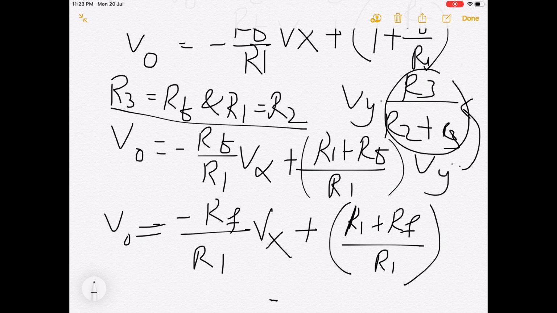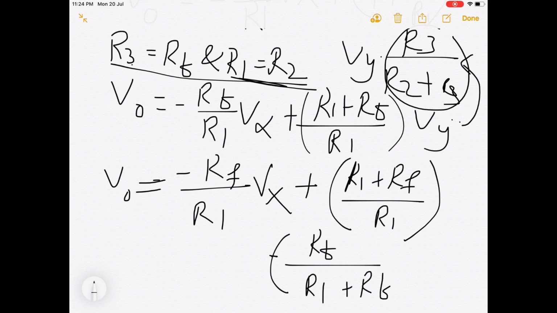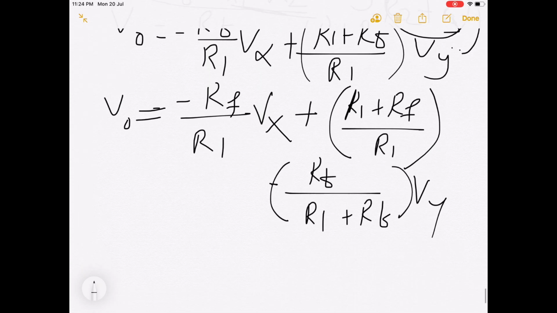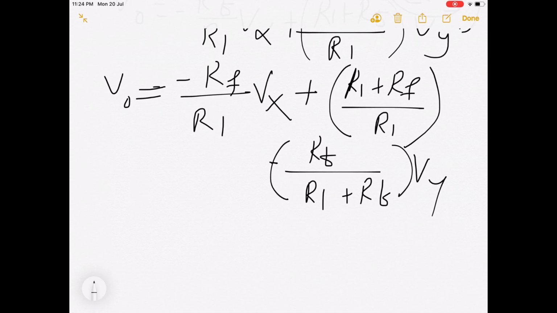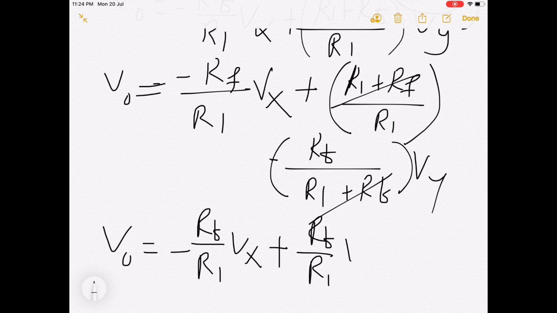Put the above expressions, R3 equal to RF and R1 equal to R2. So it becomes RF upon R1 plus RF into Vy. There will be cancellation of the terms R1 plus RF and R1 plus RF. So VO is equal to minus RF upon R1 Vx plus RF upon R1 Vy.